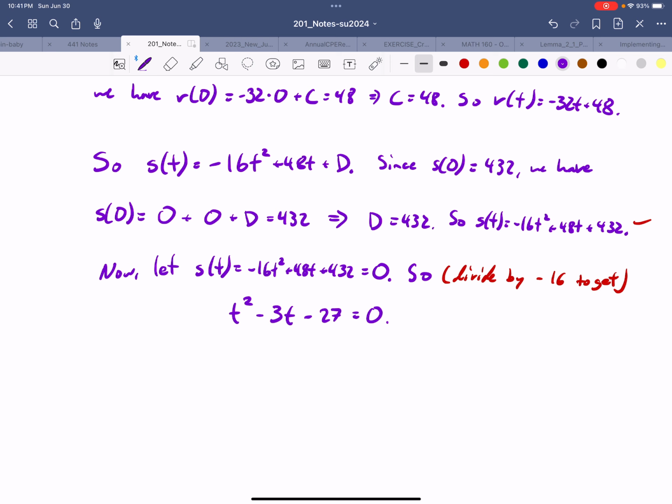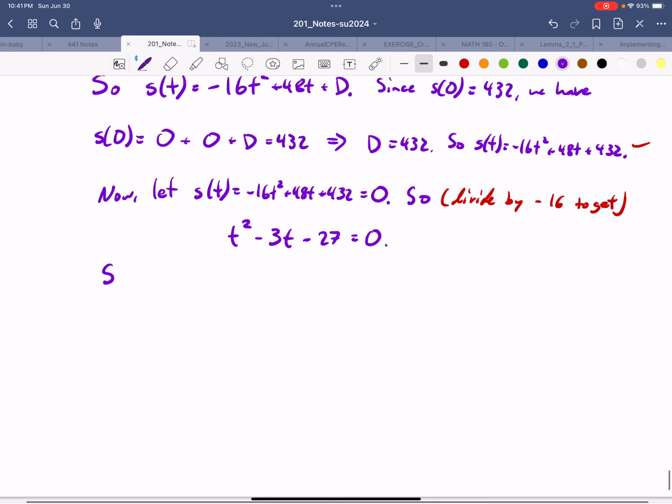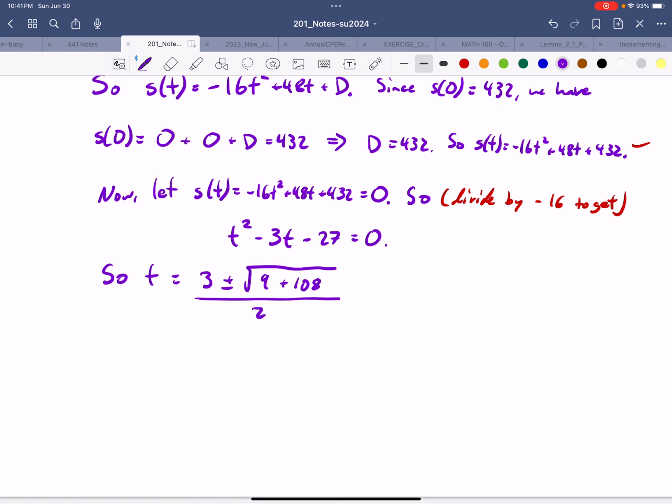Doesn't look like you can factor that, right? So we're getting that t equals negative b plus or minus the square root of b squared minus 4ac, all over 2a.